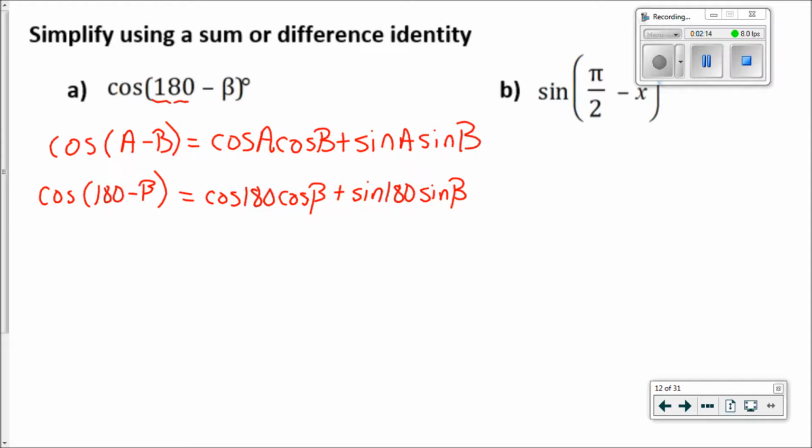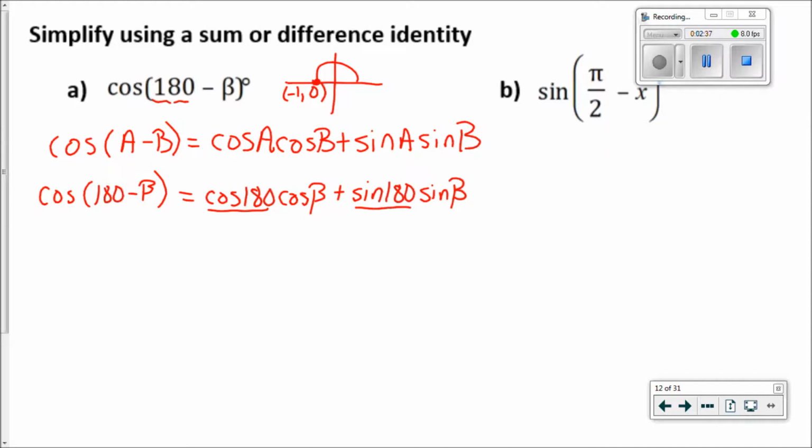And if we think about 180 degrees, we draw our unit circle. 180 degrees is here, and the coordinates of that point over there, x is -1, which is our cosine, y is 0, which is our sine, and then we just fill those in for cosine 180 and sine 180.